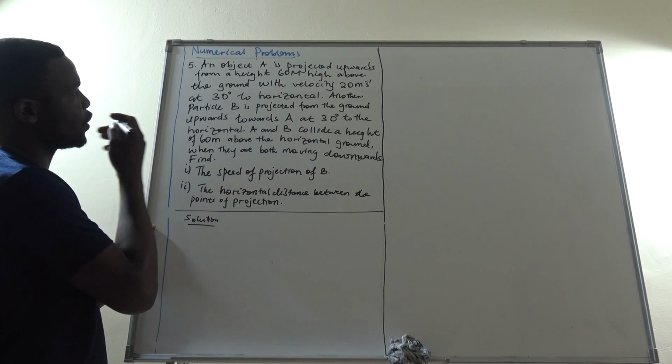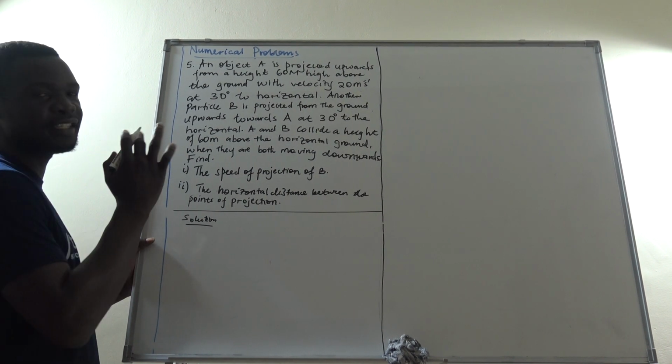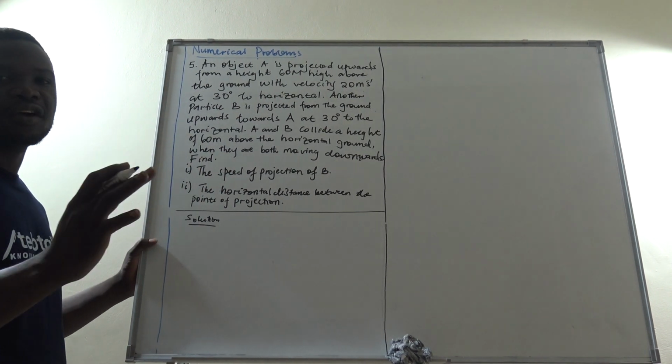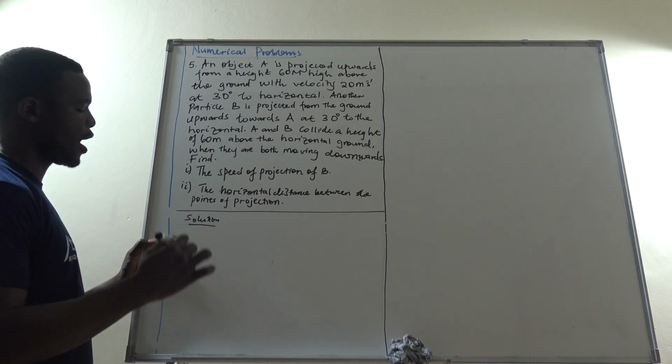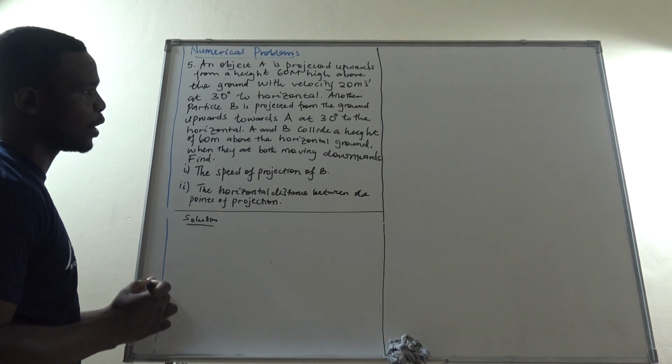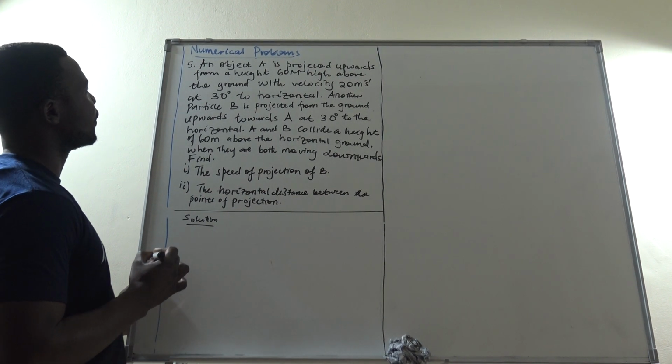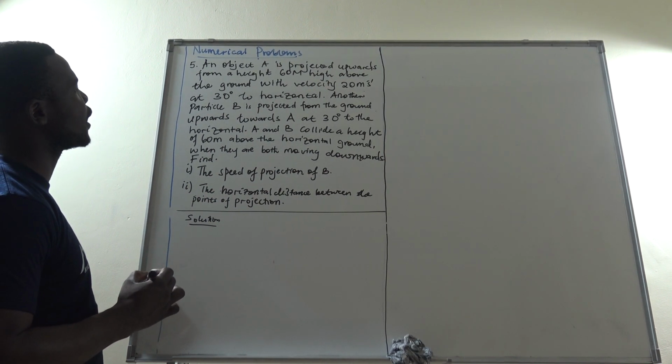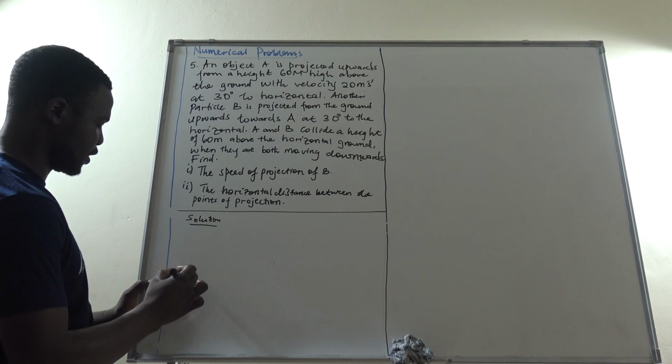For such a question, we need to first analyze it critically and then draw a proper diagram that brings out the whole thing. They are saying an object is projected upwards from a height of 60 meters.